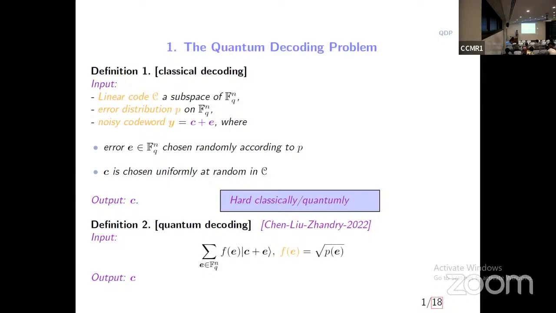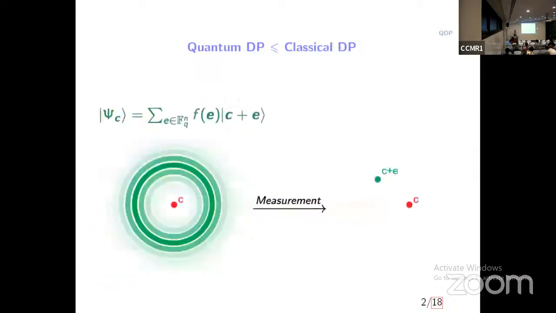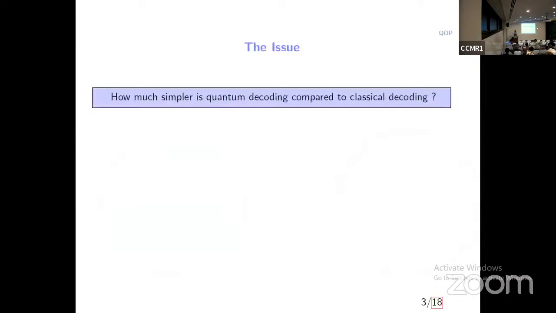This means the quantum problem is not harder than the classical problem, because I can measure the states I have and solve it classically. But this quantum problem might be much easier.